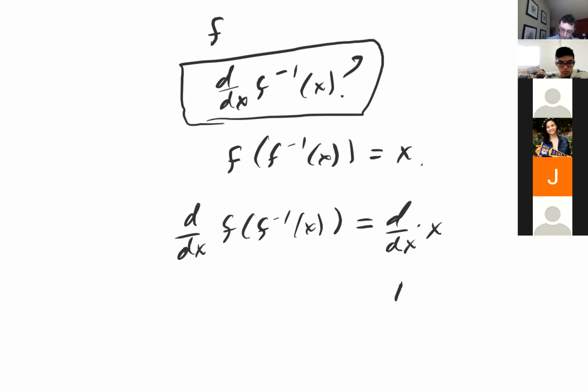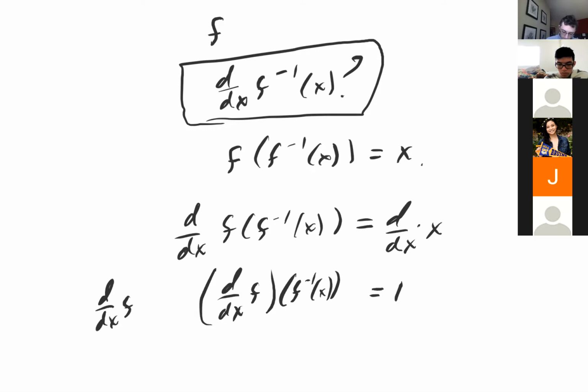That gives you 1 equals the derivative of the outer function, d dx f composed with f inverse of x, and then the derivative of the inner function, which is d dx of f inverse of x. I had to write it behind because I ran out of room.